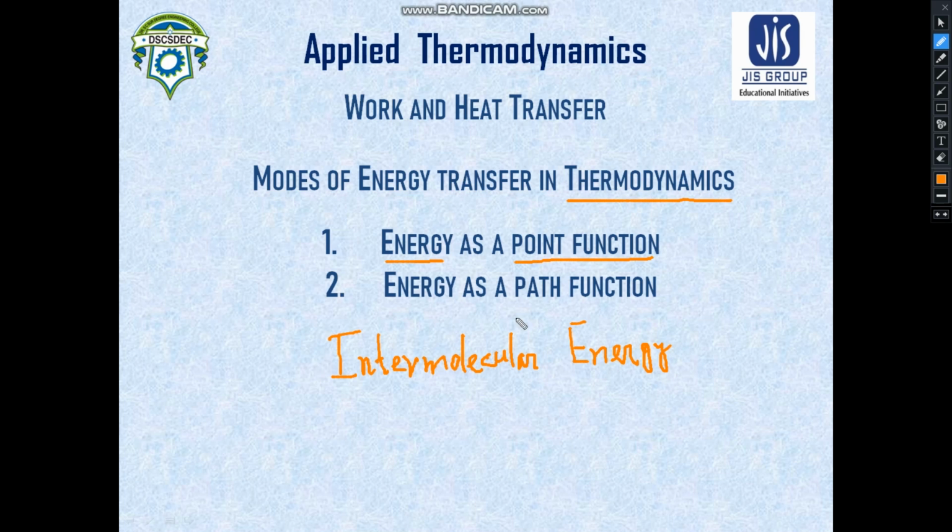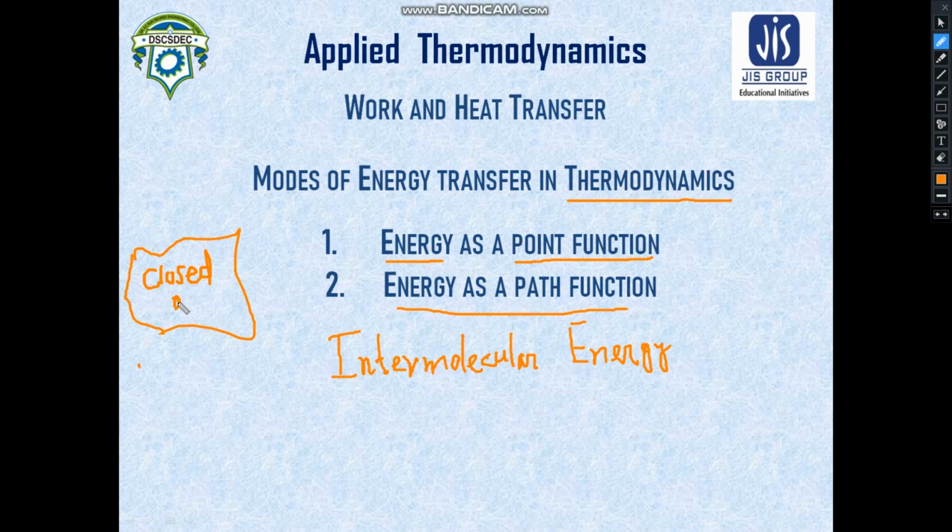And on the other hand, there is some kind of energy transfer taking place by virtue of path, by virtue of the boundary transfer. That means there are some kinds of energy which can cross the boundaries. So let us consider a closed system here.